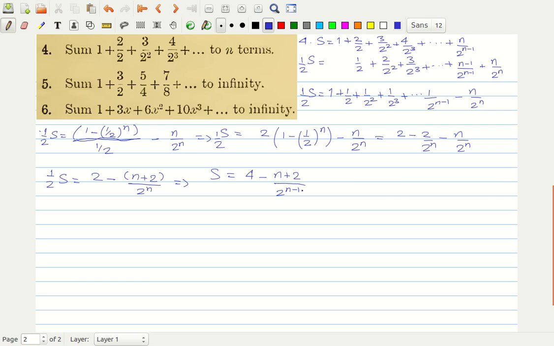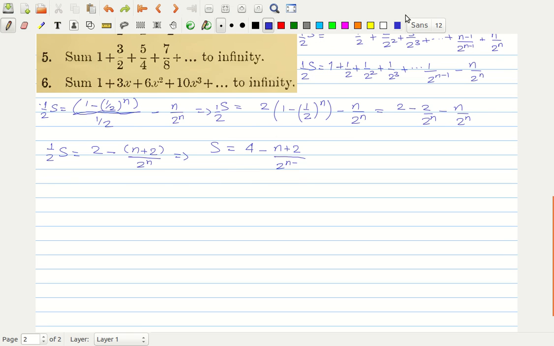Now let us look at problem number 5. Again, you see that in problem number 5, it is an arithmetico-geometric progression which we have to sum till infinity, right? So we can apply the formula sum is equal to a divided by 1 minus r plus dr divided by 1 minus r square.